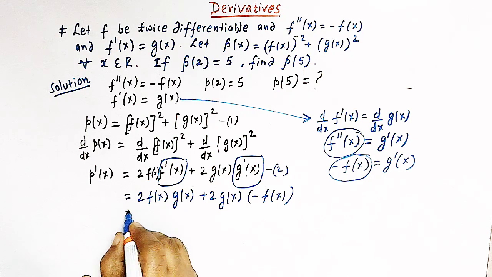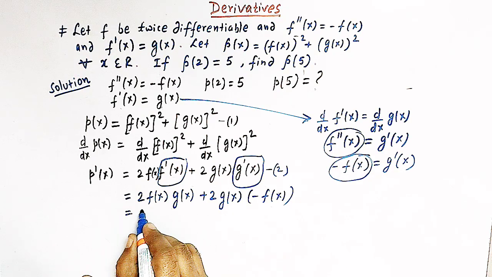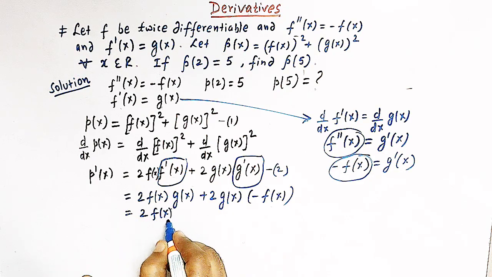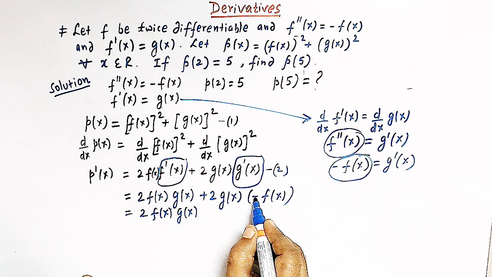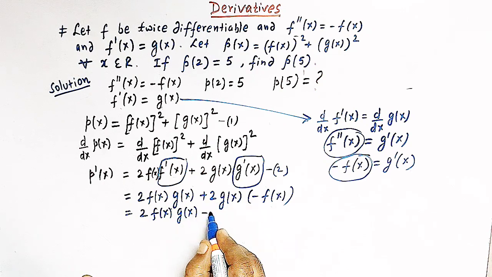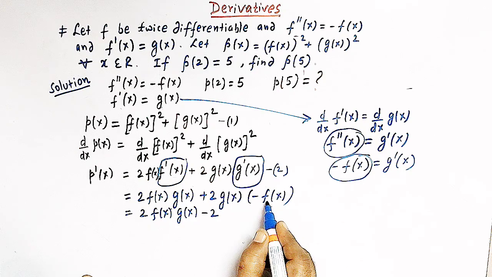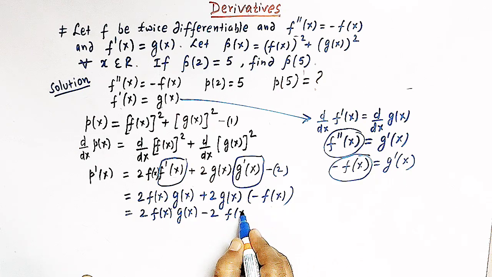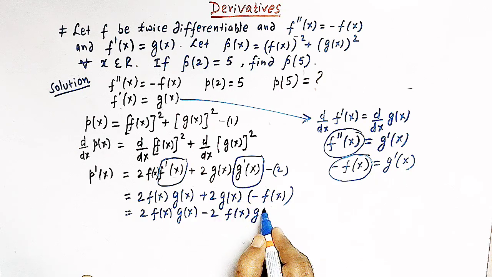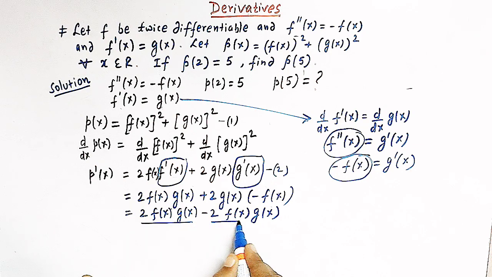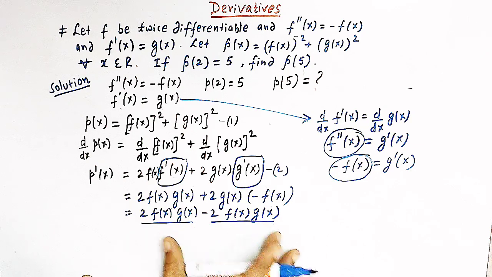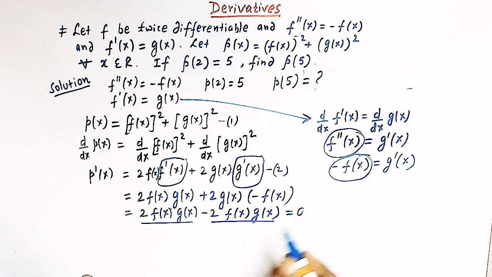So now let us write this equation as 2 f of x g of x, and here taking this negative sign in front of 2, we have minus 2, and here first writing f of x and then g of x, and we can see that these two quantities are same, so their difference is equal to 0.